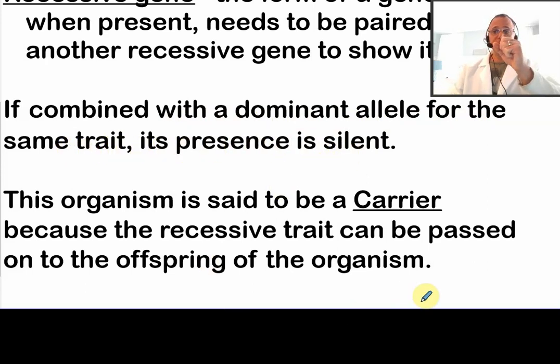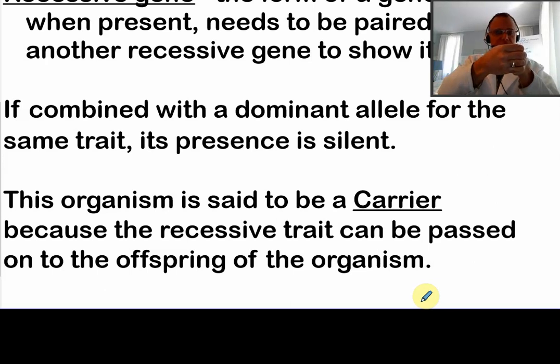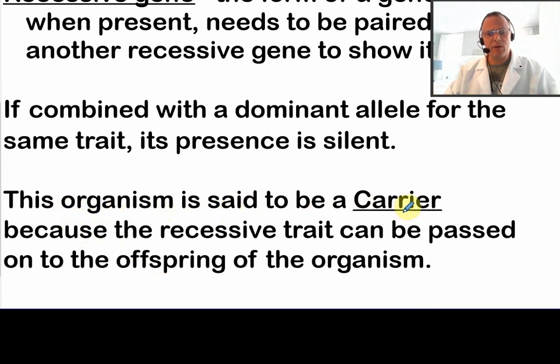It's kind of like here is that trait for that recessive gene, but the dominant one will come and cover it over and you won't even see it. It is silent. So, this organism is said to be a carrier because the recessive trait can be passed on to the offspring of that organism.